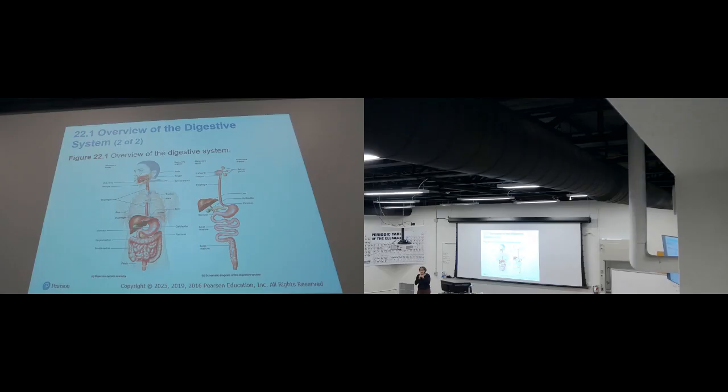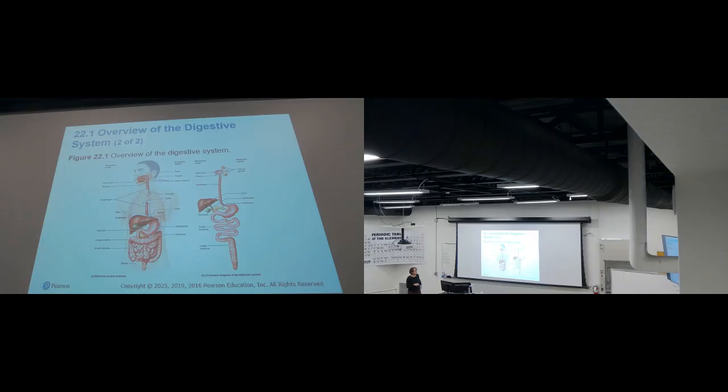We have the submandibular glands that are protected by the body of the mandible, and the sublingual glands that are located below the tongue.